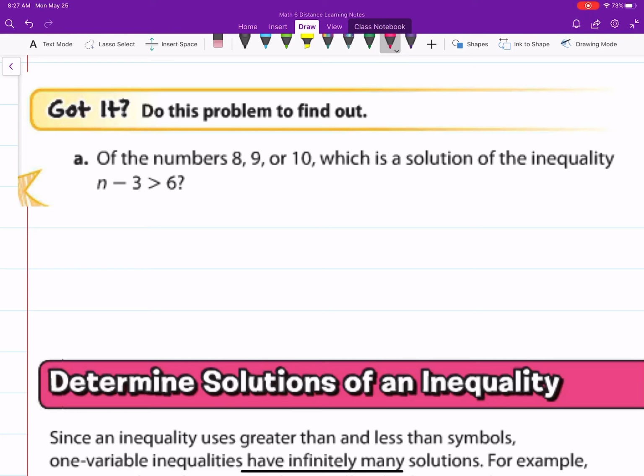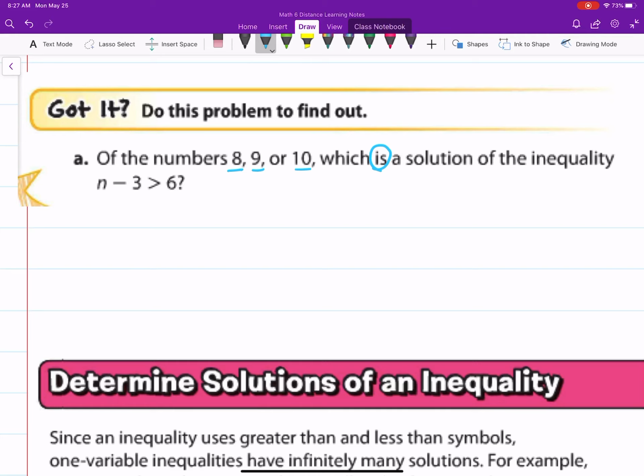So this first example, it says, of the numbers 8, 9, and 10, which is a solution of the inequality? So it's asking you for one solution here. Okay, not to say that it's the only solution, but of the three numbers provided, 8, 9, and 10, you are trying to pick the one out of those three.